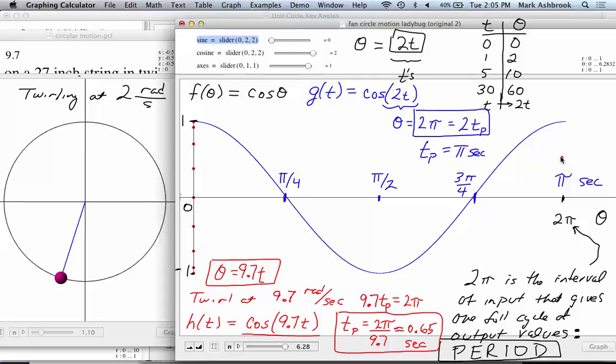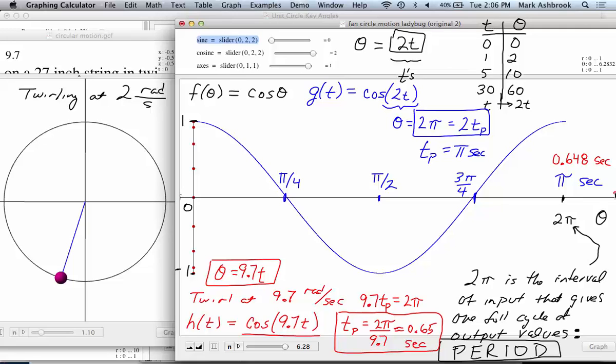So for the h graph, our period we said was 0.648. It's also seconds. So for the h graph, our full cycle occurs at 0.648 seconds.